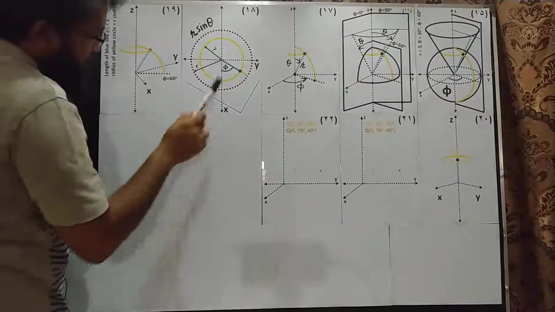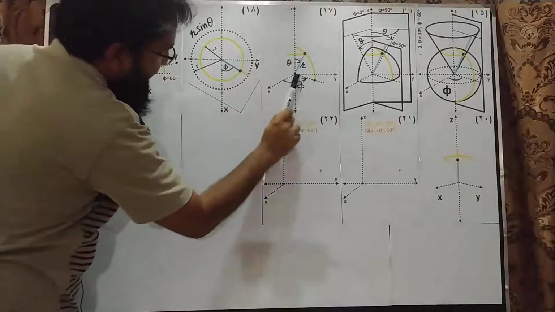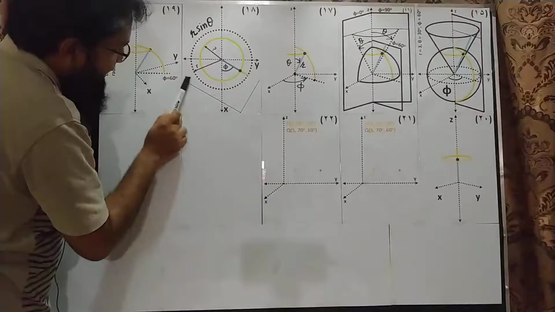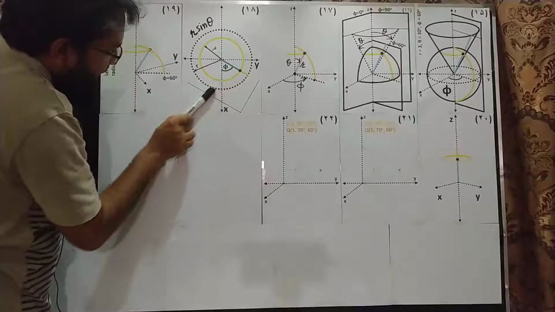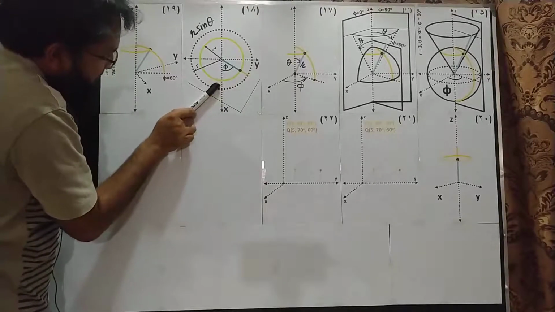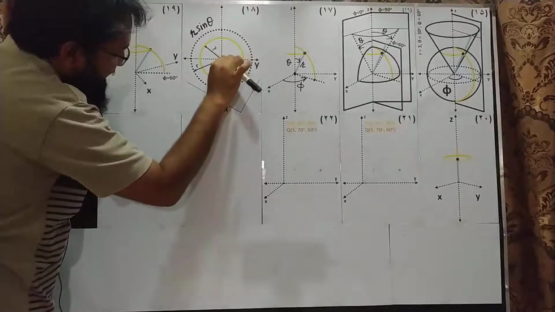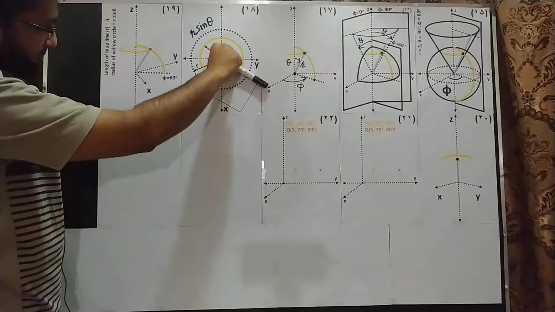So actually this line is parallel to this line or this line, okay. These two lines are parallel. I am standing here and looking at it directly, okay. So actually I am looking perpendicular to the phi equals 60 radial plane.